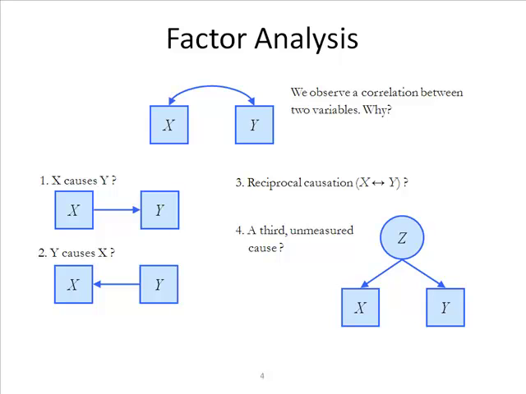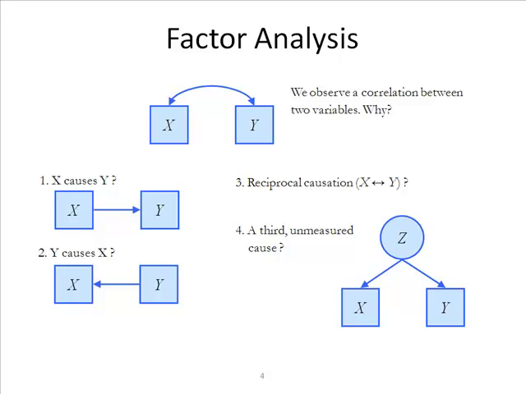These next few slides are taken from my factor analysis introduction class. We have two variables, x and y, and say we observe a correlation between x and y, so x and y are related somehow.